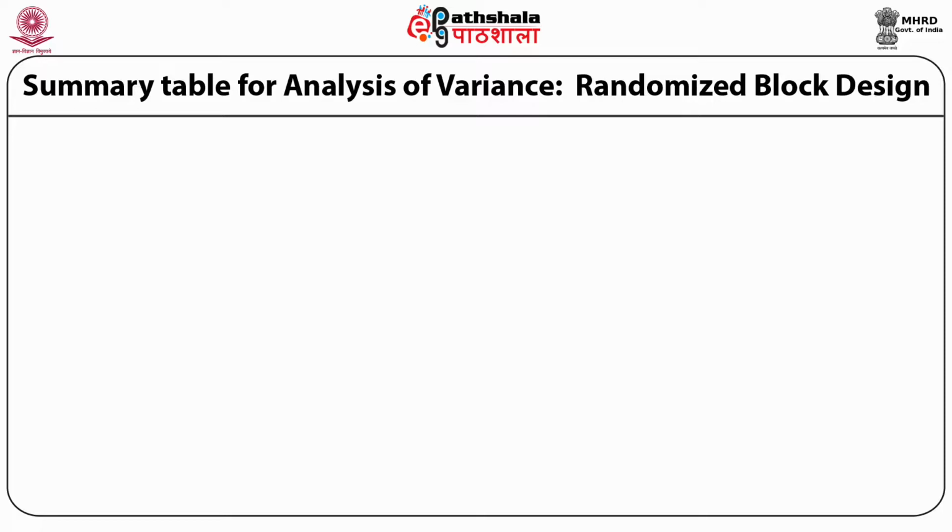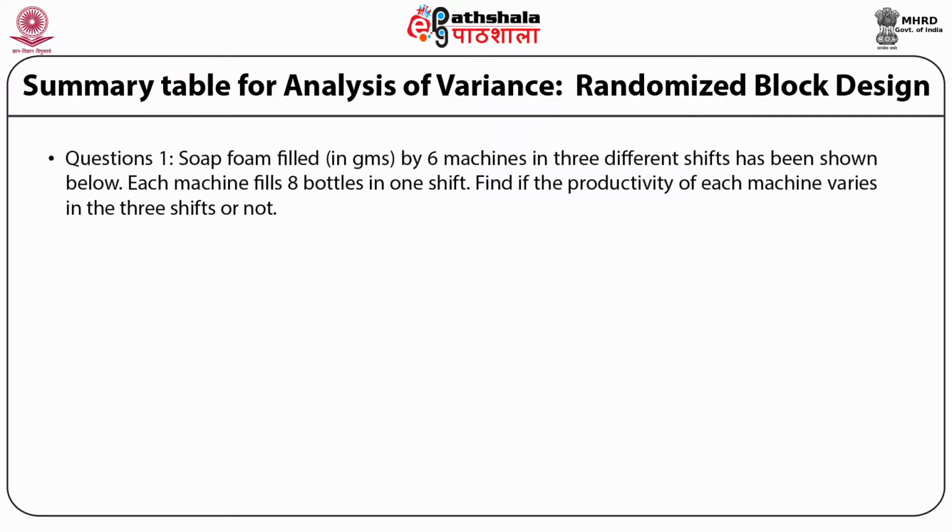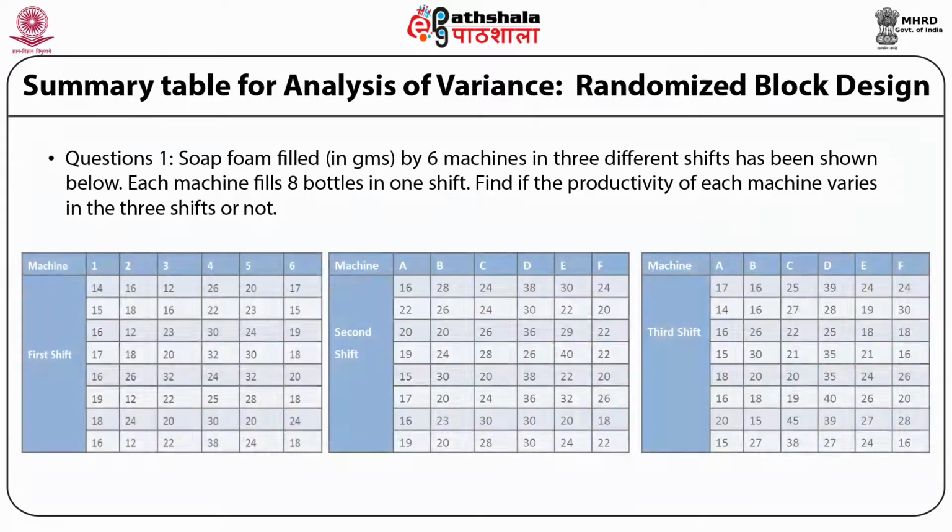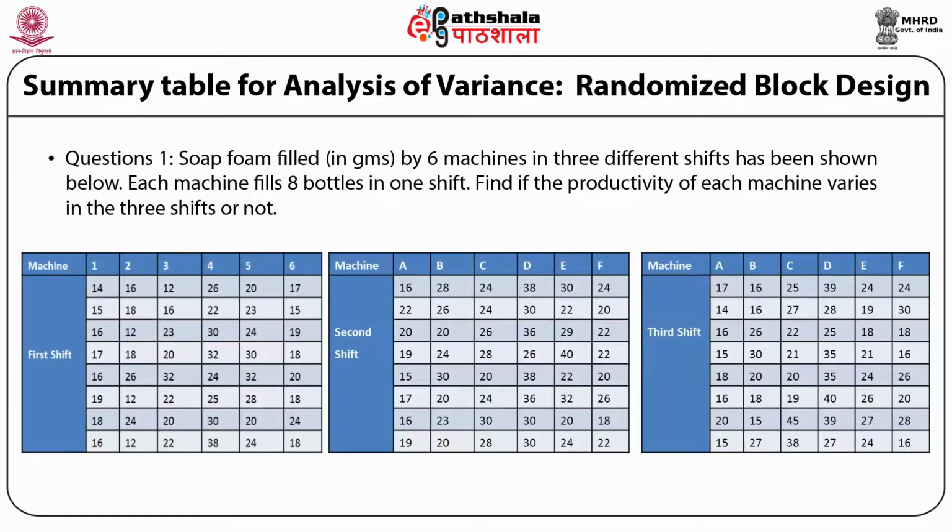Let's take a question and try to understand how this analysis of variance is worked out for a manufacturing company. A soap foam is filled in grams by 6 machines in 3 different shifts, and each machine fills 8 bottles in one shift.